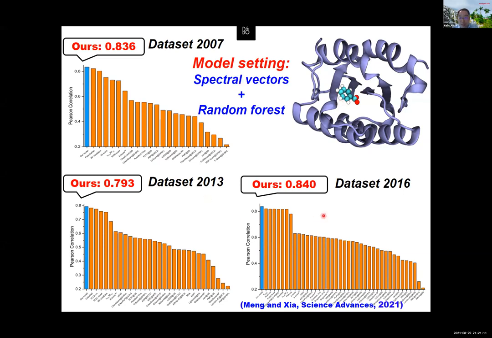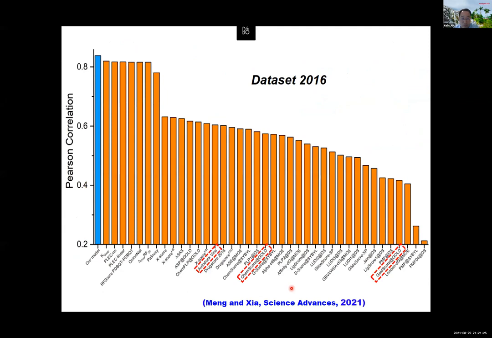Currently, they have established what they call the PDBbind data bank, so you can benchmark your models with this. We have systematically compared with nearly all the existing models. For example, in this 2016 set, we compared about 40 models. Many of them are very popular, like AutoDock, ChemScore, and GoldScore, widely used in the drug design community.